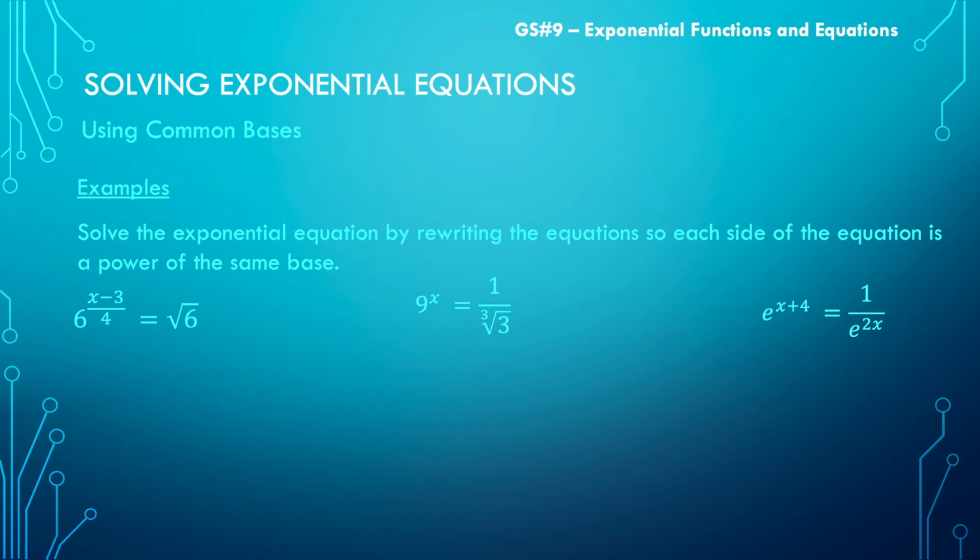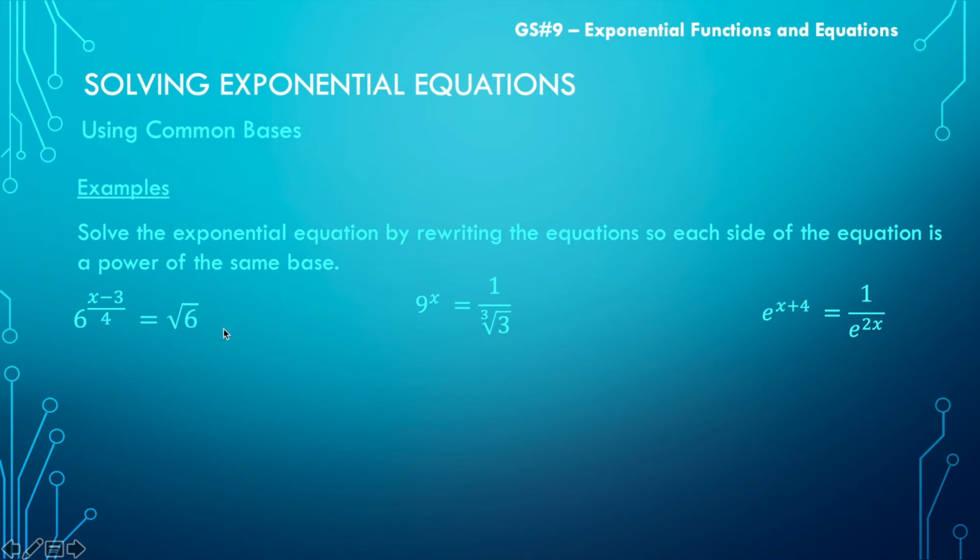This first example on this slide, we have 6 raised to the x minus 3 over 4 is equal to the square root of 6. So looking at where our variable is, it's on the left-hand side there, and the base is 6. So we want to know, can this right-hand side be written as a power of 6?